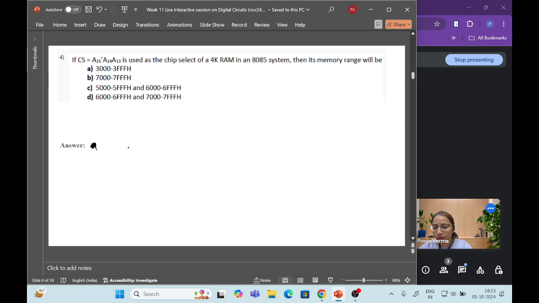Okay, so it is already given CS is equal to A15 bar, A14 and A13. That means it can be written as 0, 1, 1, right? These places are fixed in the chip select of a 4K RAM, and all other locations can be varied.